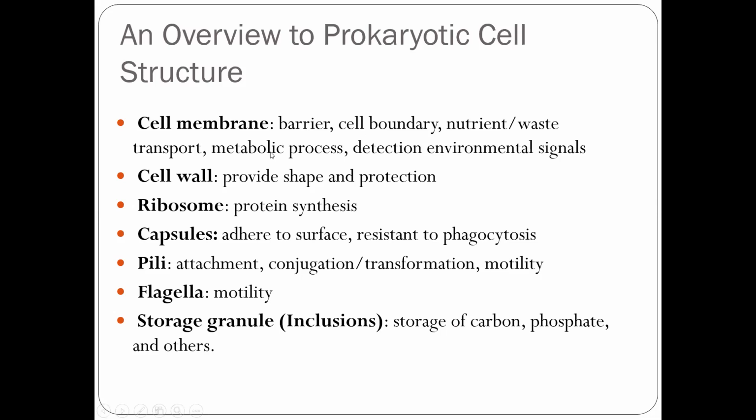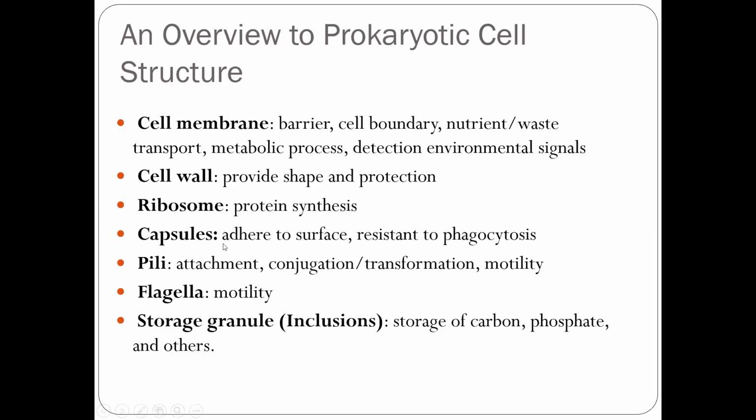They do metabolic processes there and also detect environmental signals. The cell wall provides the shape of the bacteria, which we call morphology, and has a protection capability. Ribosome is the place for protein synthesis. There are two subunits, 50S and 30S, which combine to become 70S.